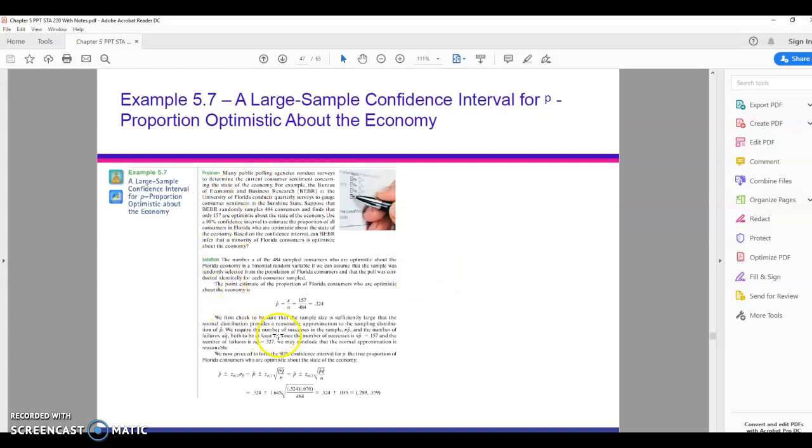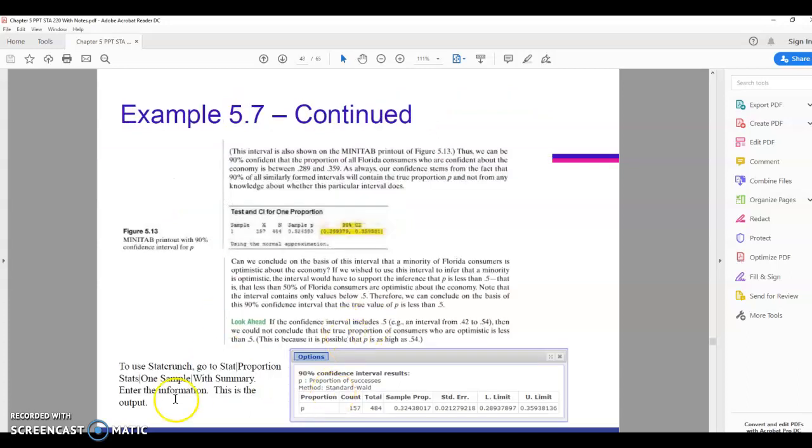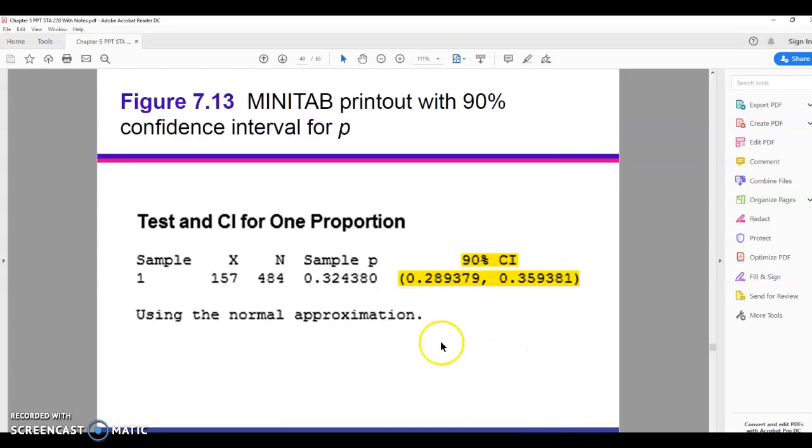So again, you can see this problem worked out by hand with the test statistic, and then you can see Statcrunch steps again with the printout matching the answer that they have, and this is a Minitab printout for what the textbook provided, but here's our Statcrunch stat proportion stats one sample with summary, and this gives us our lower limit and our upper limit for this question as well.